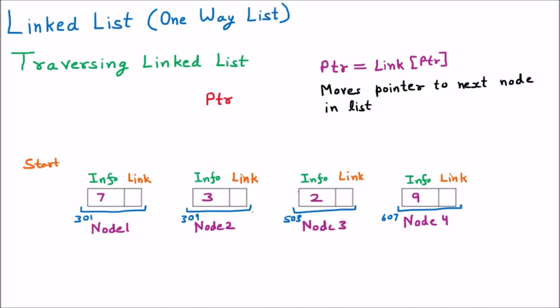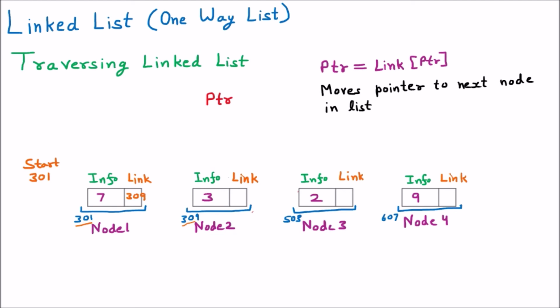Now we already know that there are some start and the link pointer. So the start pointer contains the address of the first node, and the first node address is 301. So here in the start pointer we have 301. The link of node 1 contains the address of node 2, which is 309. So there we are mentioning 309.